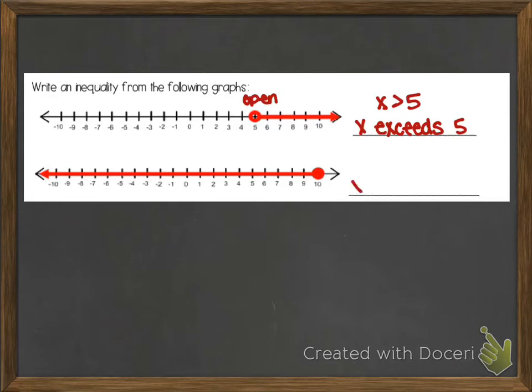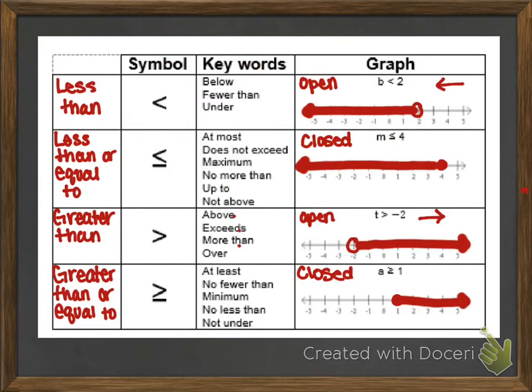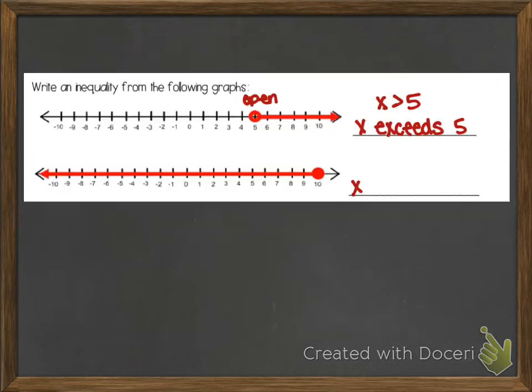Again, I'm going to write my variable to the left, and I notice it's a closed circle, and it's pointing to the left. So a closed circle pointing to the left is our less than or equal to, which means I'm looking at most, does not exceed, maximum, no more than, and up to. I'm going to choose at most. That's the most frequent phrase used. X is at most 10.